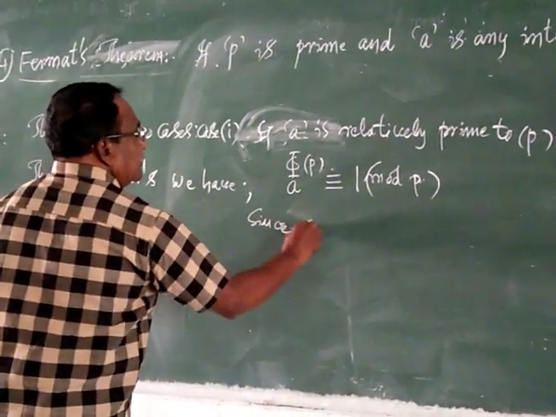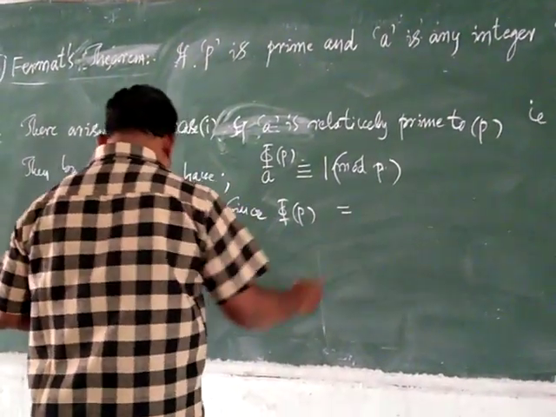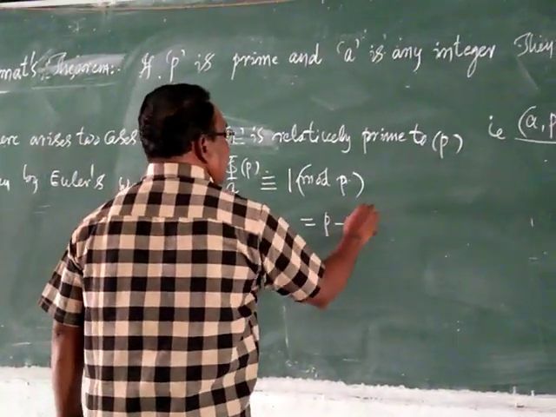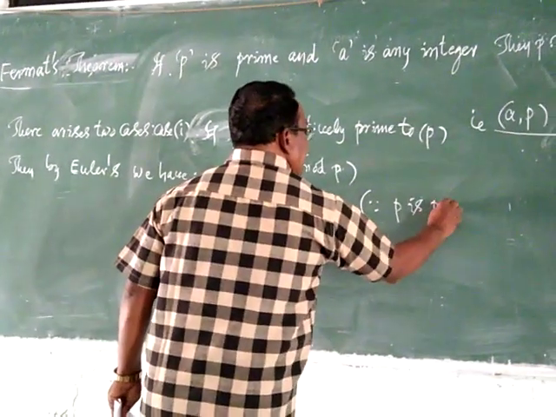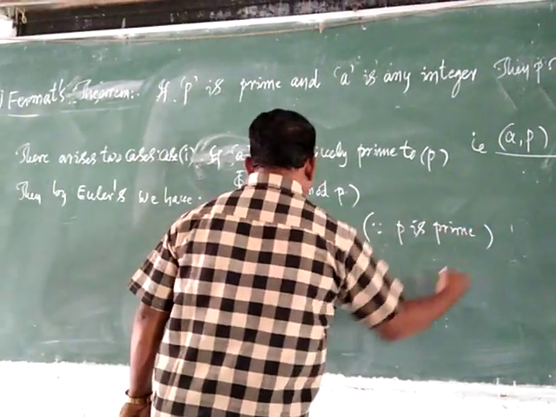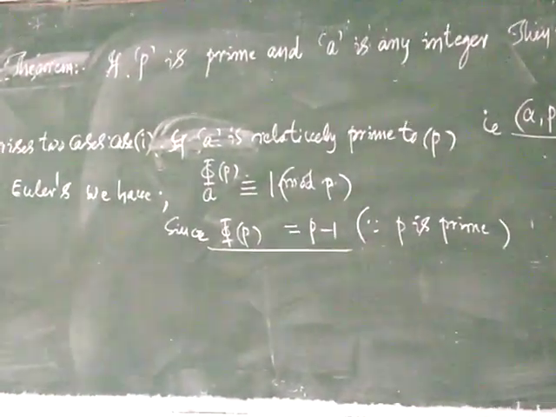Since phi(P), Euler's phi function, is equal to P minus 1, because P is prime, definitely the Euler's phi function of P is equal to P minus 1.